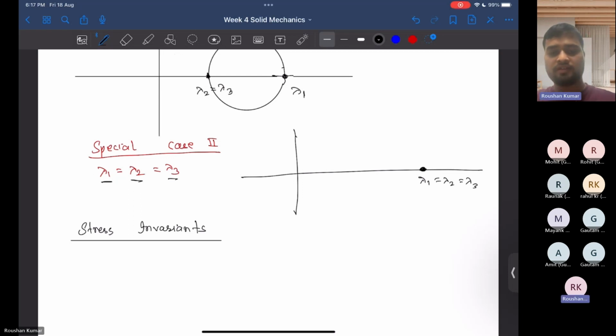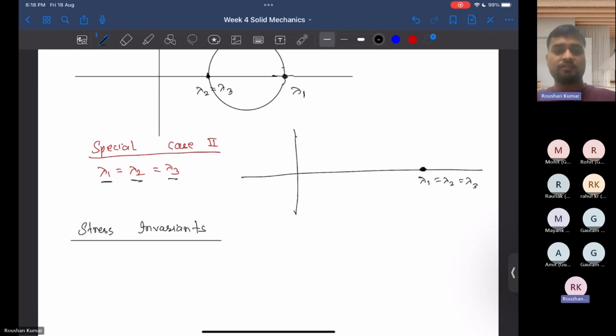But there are certain things that are also independent of the coordinate system. Some special components may also be independent of the coordinate system. But as you know, the stress matrix is dependent on the coordinate system, so if we change the basis of the coordinate system, the stress components will also change.